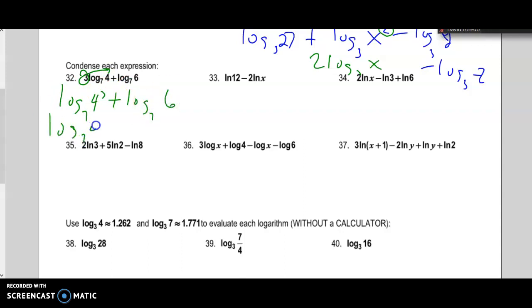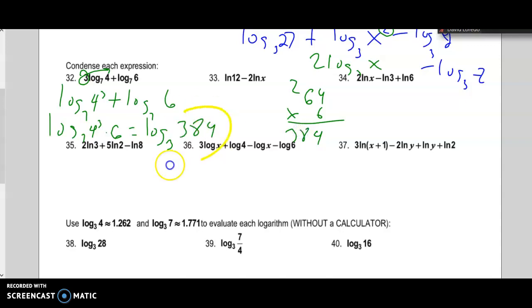So using the properties we just stated above, just in reverse, we can do that. So 4 cubed times 6, 64 times 6, what is it? 4, 2, 6, 384. And that is the answer there.